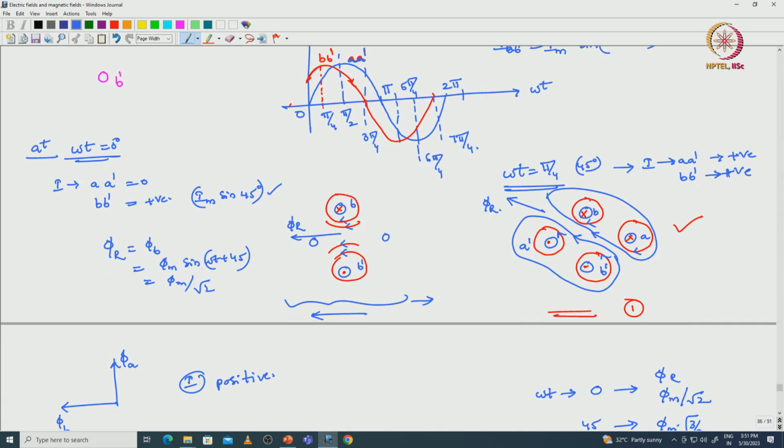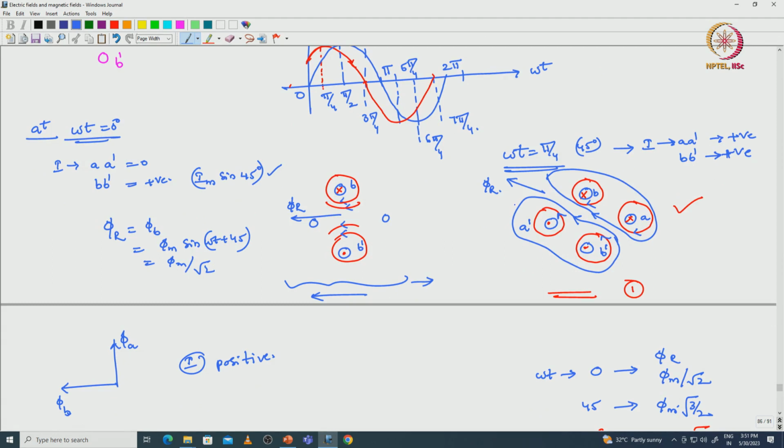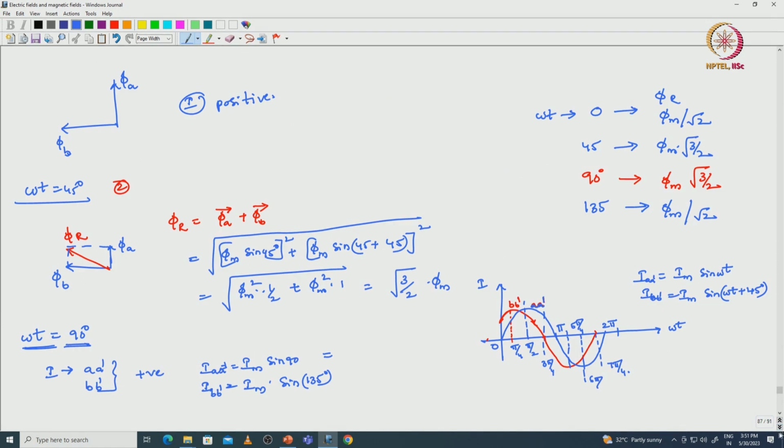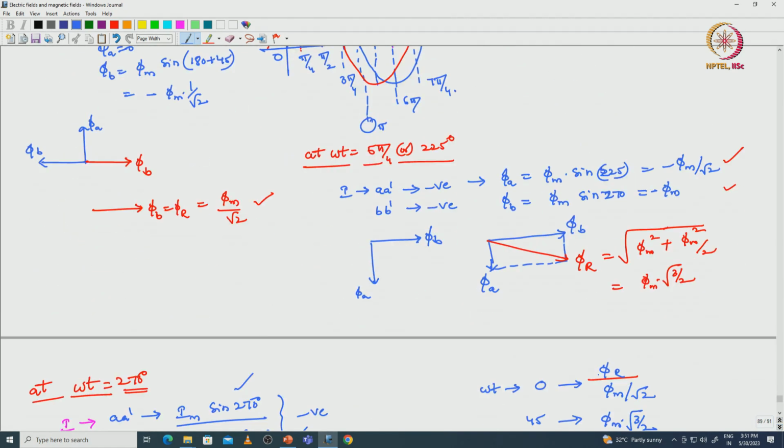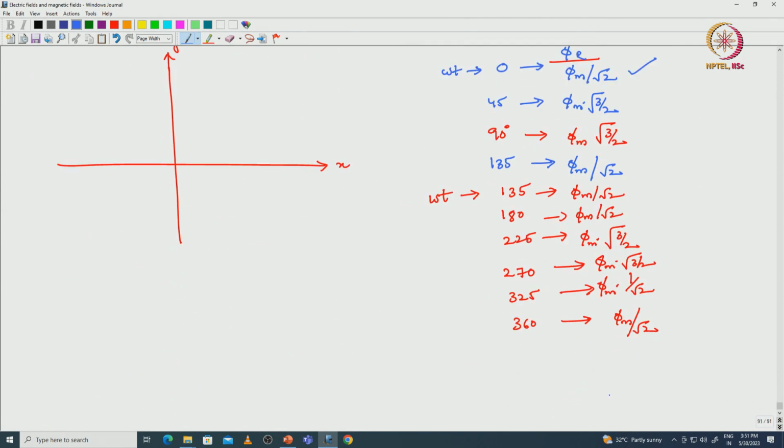Then at 45 degrees it is varying in a clockwise manner. It is rotating in a clockwise direction. Based on that analysis, at 0 degrees phi r lies with respect to the second and third quadrant, on the negative side of the x axis.